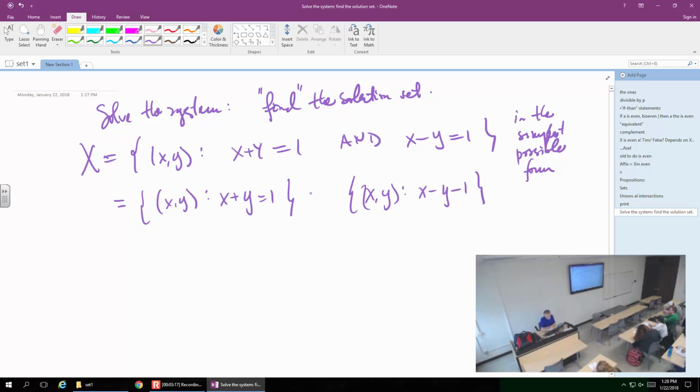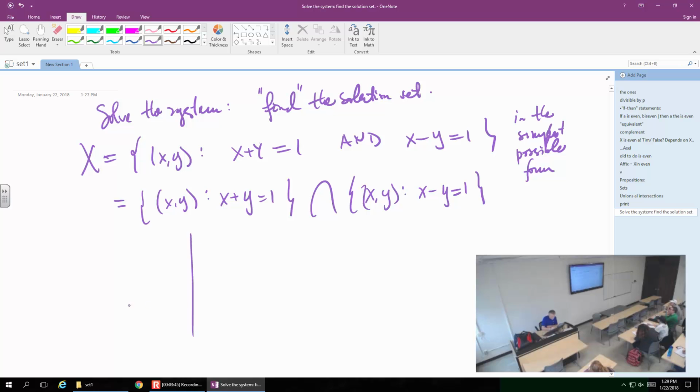Okay, so split it into sets and then take the intersection. Just read what we have here. We're looking at pairs x, y that satisfy the first equation, and they satisfy the second equation. Okay, so if we take all of those x, y's that satisfy the first equation and all that satisfy the second equation, and put them together, that will be the intersection.